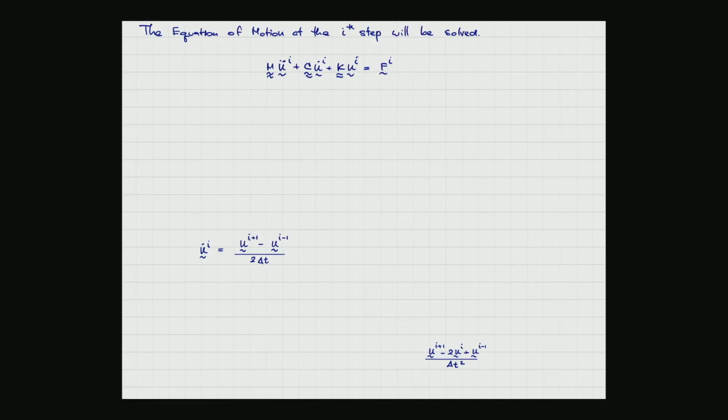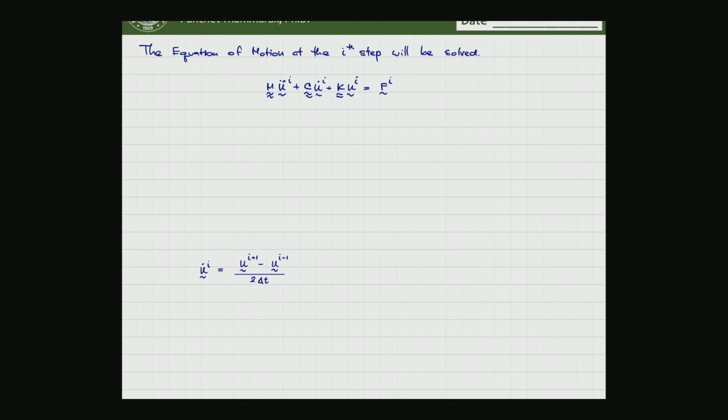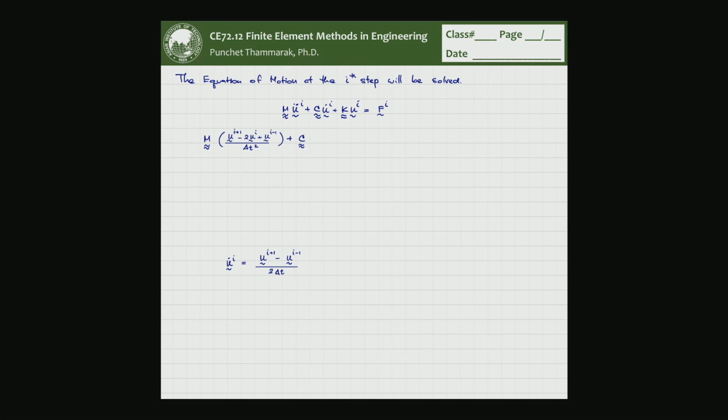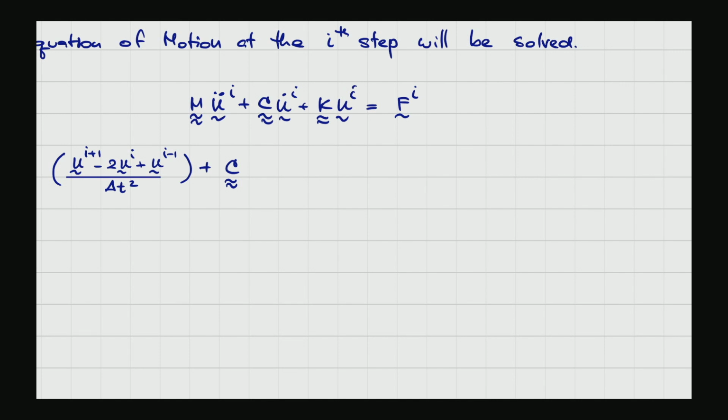So start with the u double dot i. It is replaced by this, plus c u dot i, plus k u i.